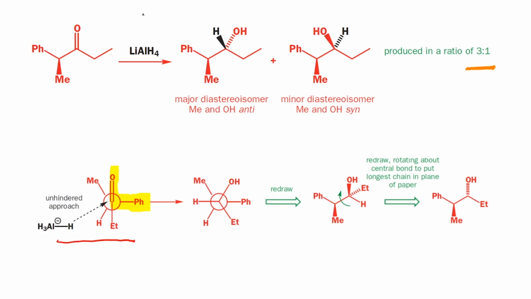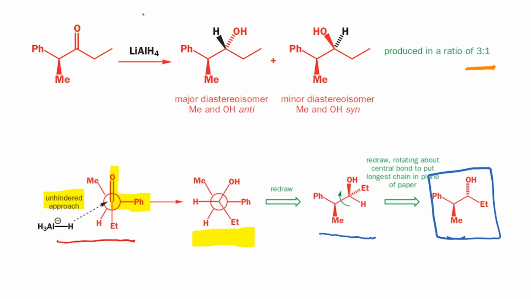Among these, the unhindered approach, which is shown here, is the most favored, and that's going to give you the corresponding product. We also looked at how to draw this product, and this allows us to redraw it and you get this final product.